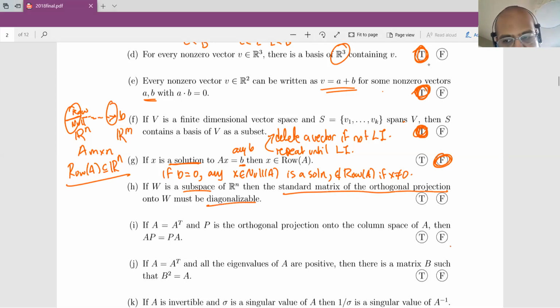So, what does it mean to be diagonalizable? If it's diagonalizable, then it's similar to a diagonal matrix. Okay, yeah, similar to a diagonal matrix. Any other definition?